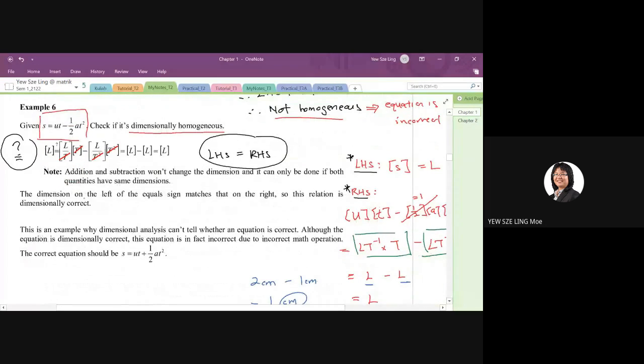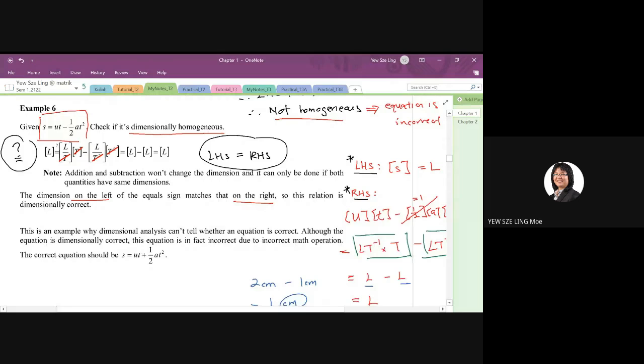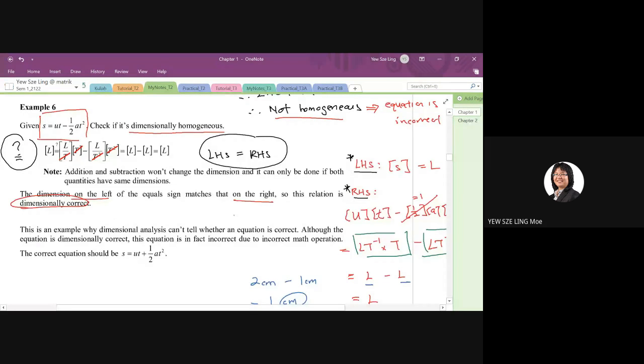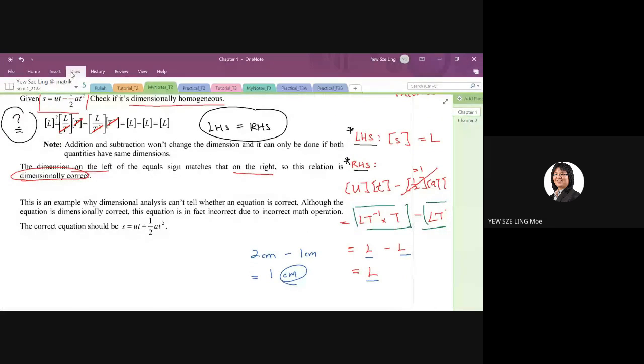So the dimension on the left equals the one on the right. Okay, on the left, they are now matching to the right. So the relationship, we can say they are dimensionally correct. Okay, dimensionally correct. But, okay, what happened here is, this is what I told you, why it's important.